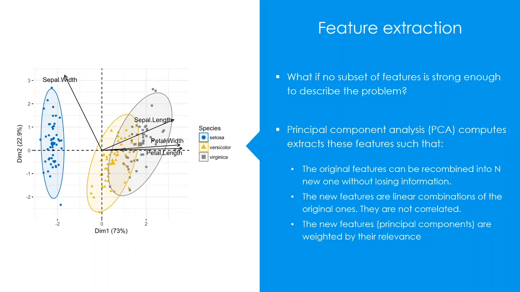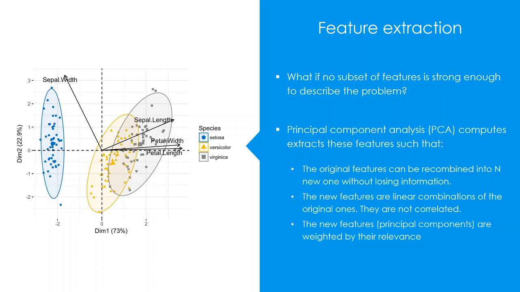So we can be more or less sure that the data is described by independent features. Okay, this is important. Finally, the new features, which are called principal components, are weighted by their relevance.